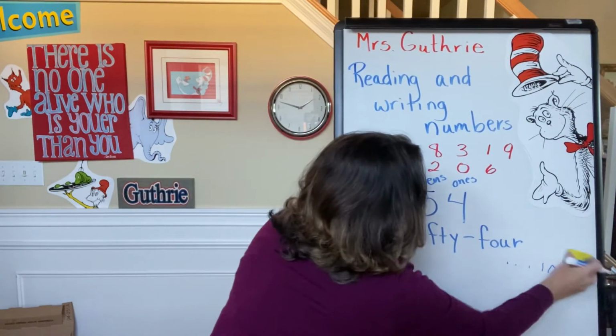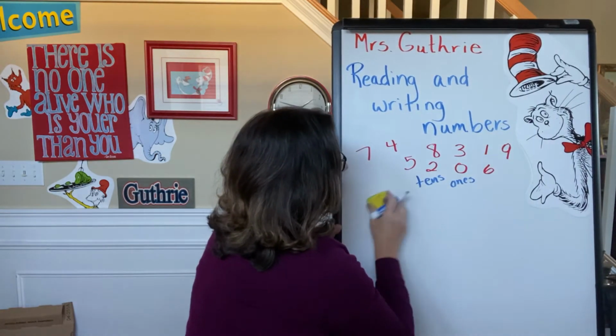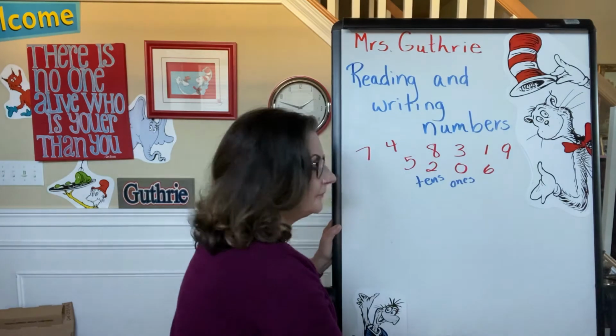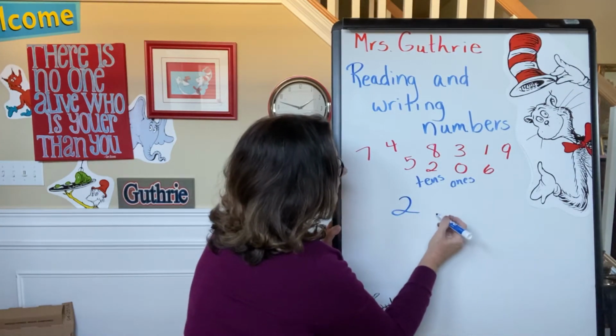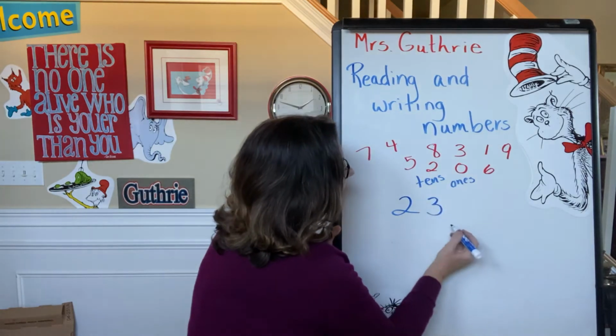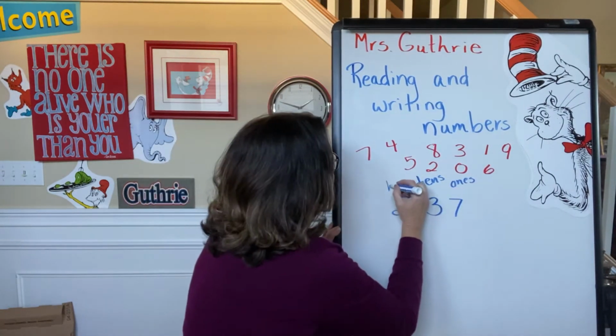Now, I want to show you a number with one more place. So, 237. This is the hundreds place.